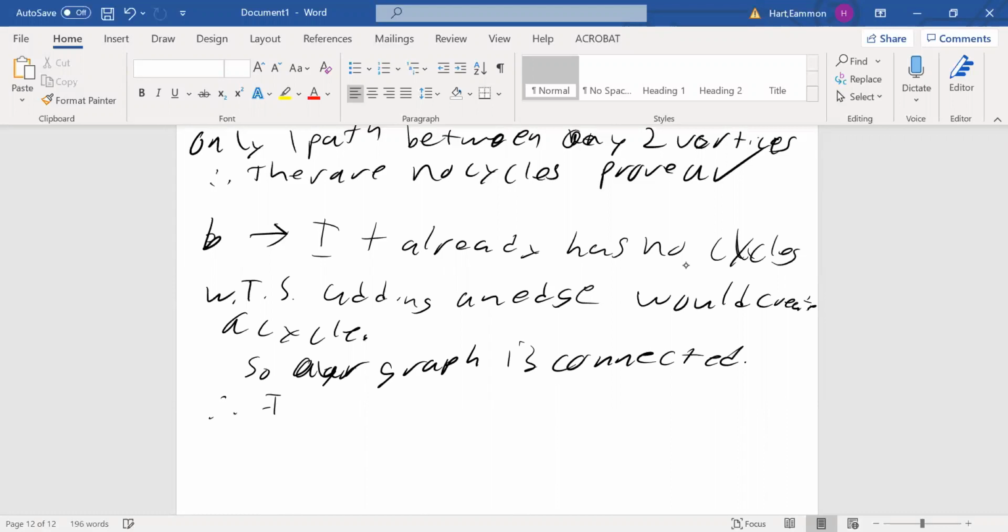Therefore, there exists a path between any two nodes.